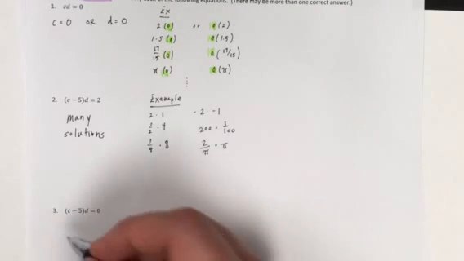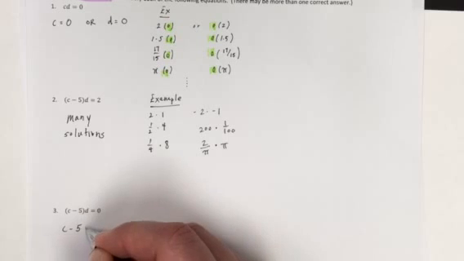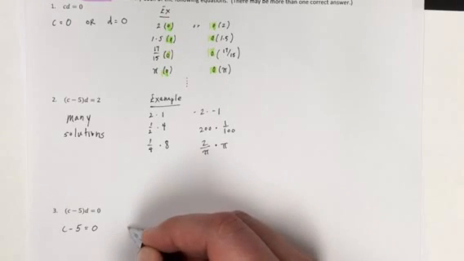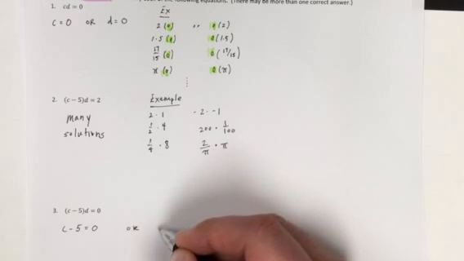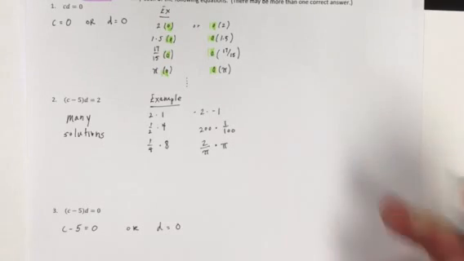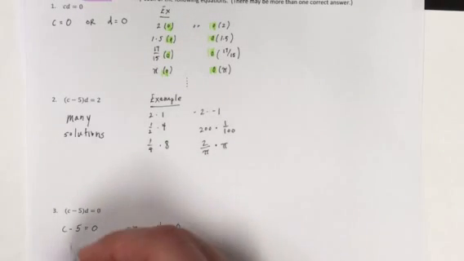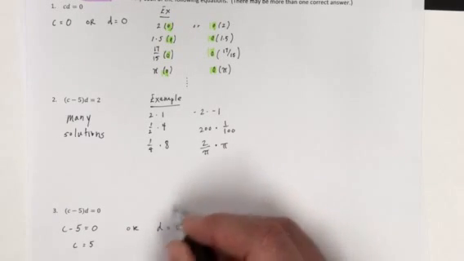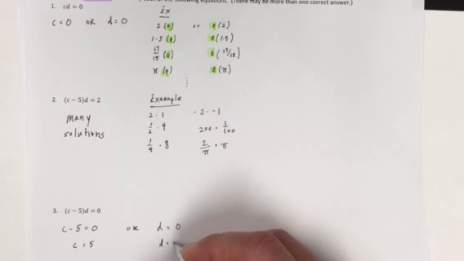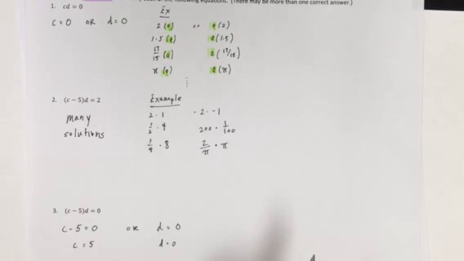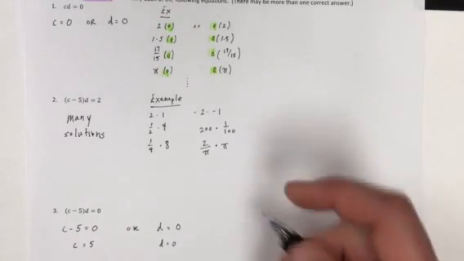That allows me to write that C minus 5 equals 0, or D must equal 0. When I continue solving, I get C is equal to 5 because I added 5 to both sides, and D is equal to 0. We can just rewrite it so they're on the same line. And of course, you want to check your work.